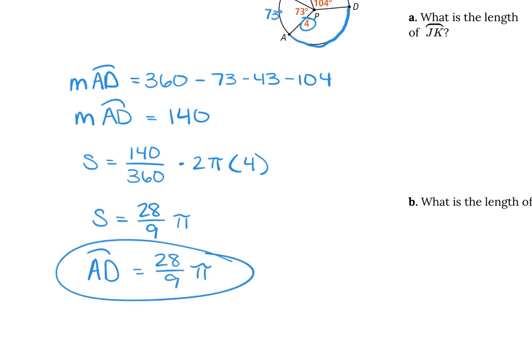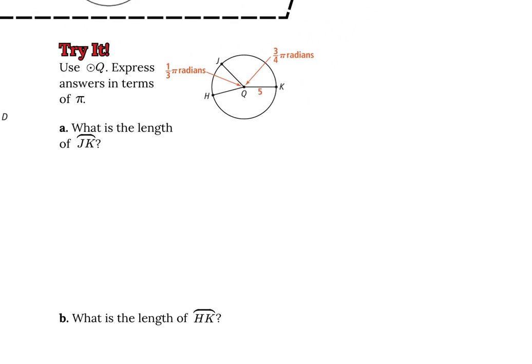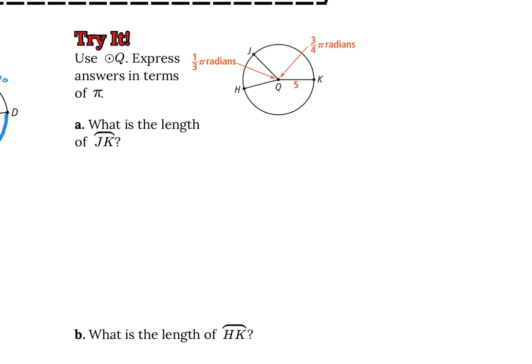Okay, let's look at the try it. All right, we're looking at circle Q. We want to express the answer in terms of pi. What is the length of JK?